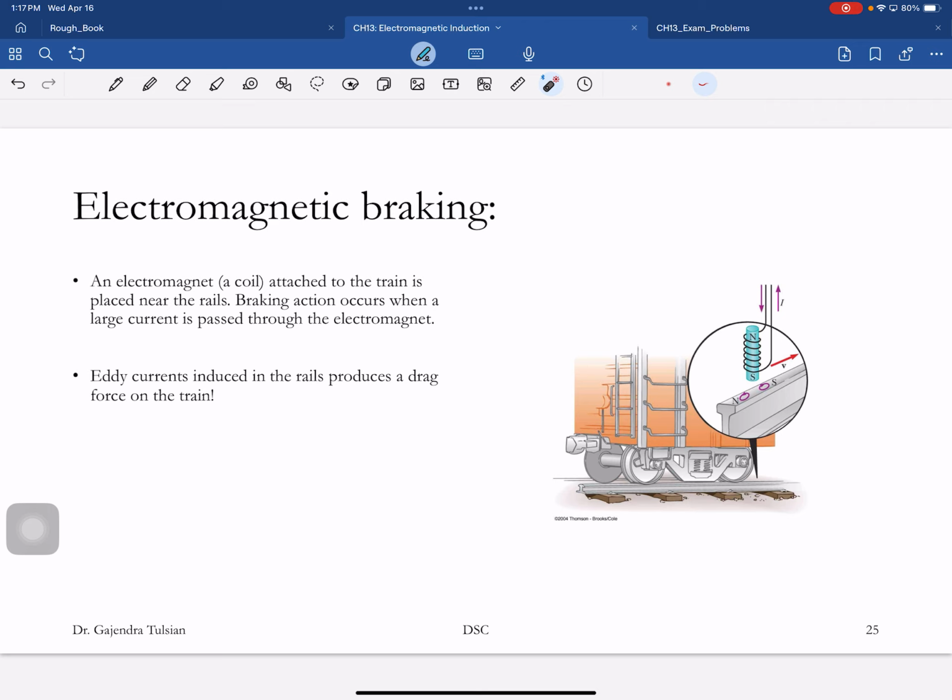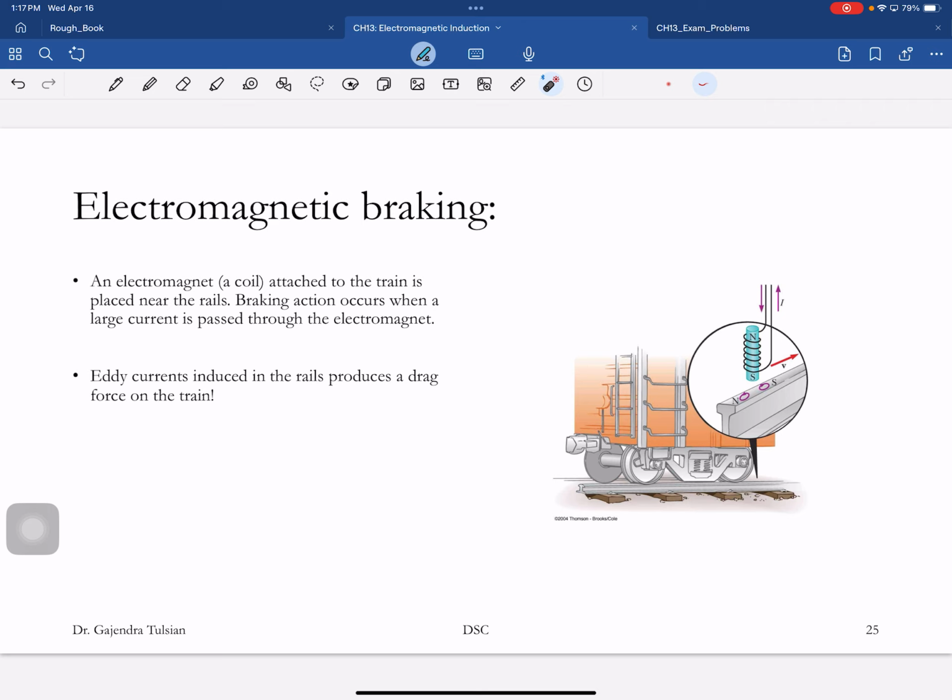When you want to stop the train, all you do is flip a switch and pass a current through this coil, and it will induce currents in the track such that, if the train were going in this direction, there is a North Pole pulling back on the train and a South Pole pushing back on the train. And this is the surest, fastest, and smoothest way of stopping a train.